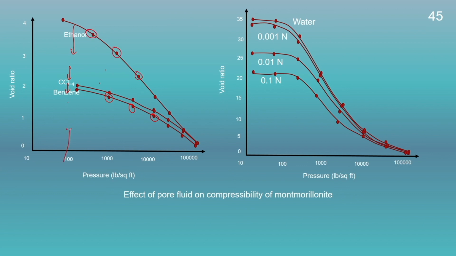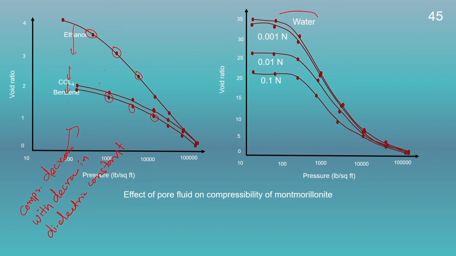So, here we can say that the compressibility decreases with decrease in dielectric constant of the pore fluid present in the montmorillonite.